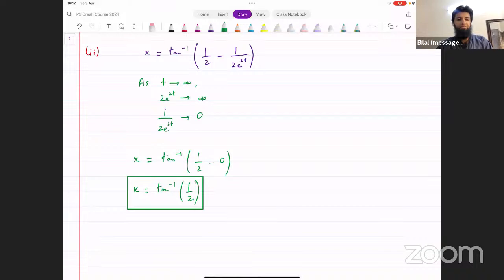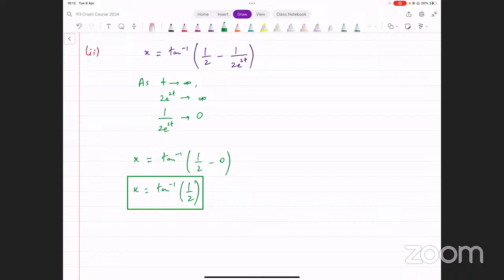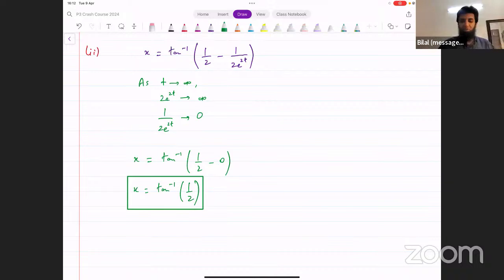You could basically think of it like this: as t becomes large, what happens to the value of x? Now, this is one possibility. Another way to think about this, if you find it difficult to think of it logically, like what happens to this expression if t becomes large, is that you just input this in your calculator.